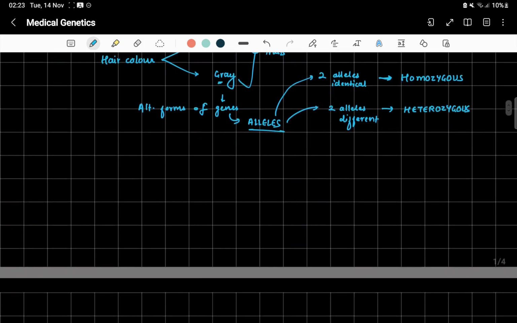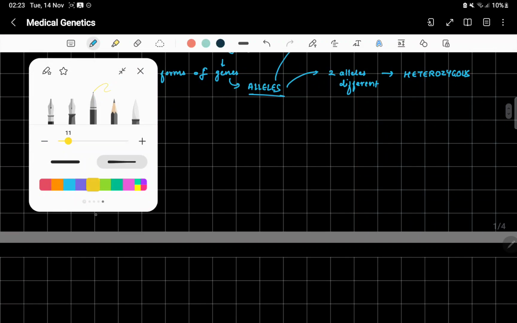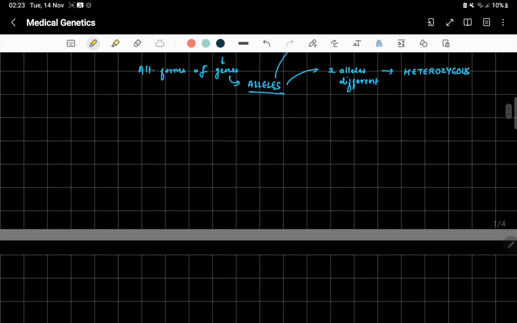Genotype is the genetic makeup of an organism.